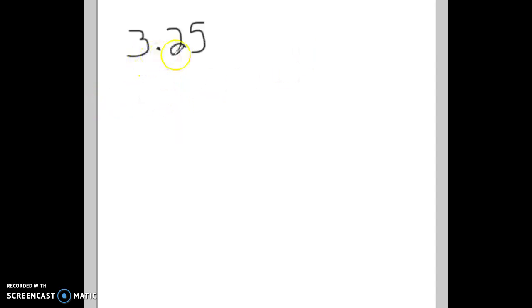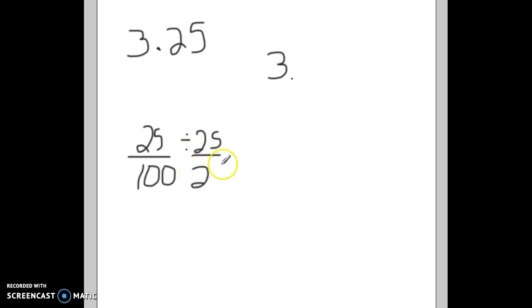Now, here's one that's 3.25. Well, once again, write your whole number down, and let's look at this part of our problem. It's 25/100, which sounds great. But we want it simplified, so we find the greatest common factor. In this case, 25 will go into both the numerator and the denominator evenly.